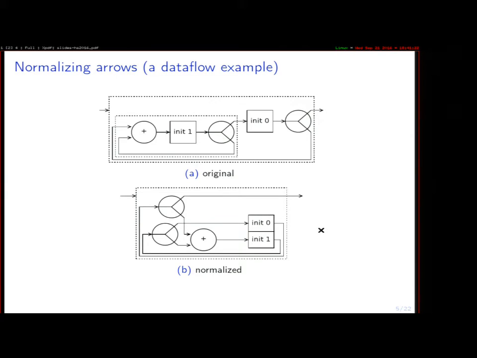Not every arrow program can be normalized, only a subset that we are interested in. This is the subset that we call causal commutative arrows. If you squint hard enough, you can tell the graphs are isomorphic to each other.